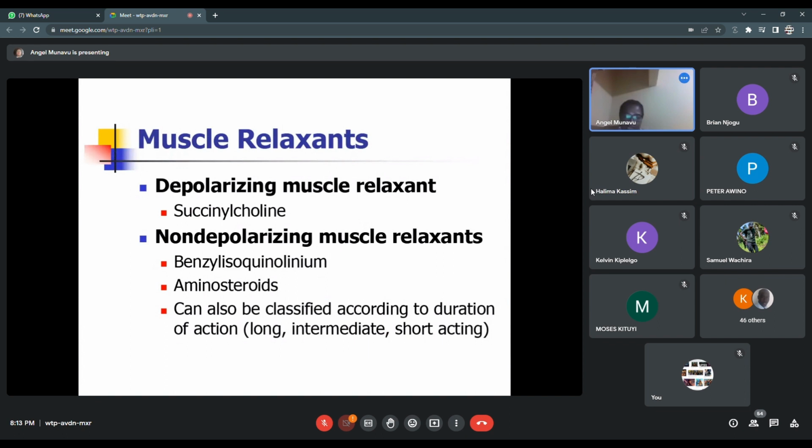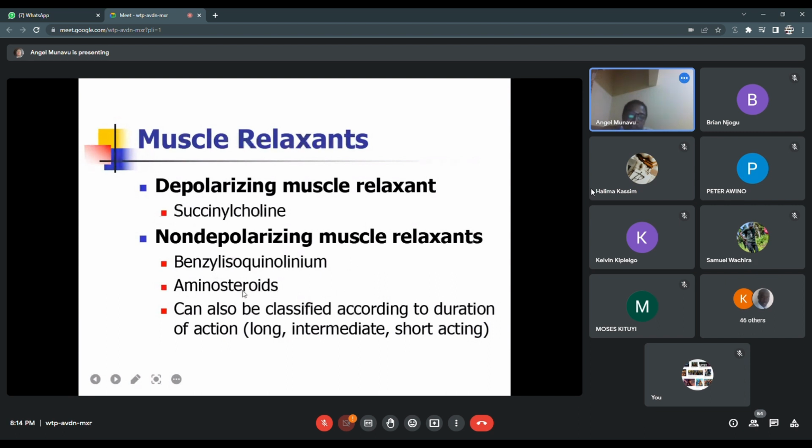Then we have non-depolarizing muscle relaxants, and they are classified into two classes. One of the classes we call benzylisoquinolinium, and then we have another class we call aminosteroids.